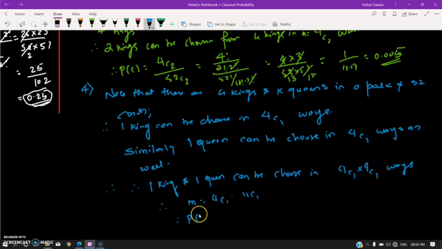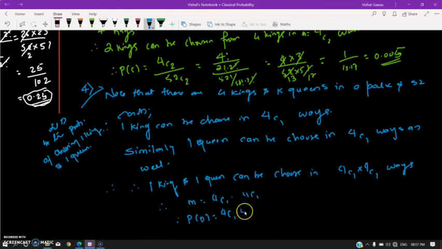Let D be the probability of choosing 1 king and 1 queen. Therefore, probability of D becomes 4C1 multiplied by 4C1 upon the total, that is 52C2.